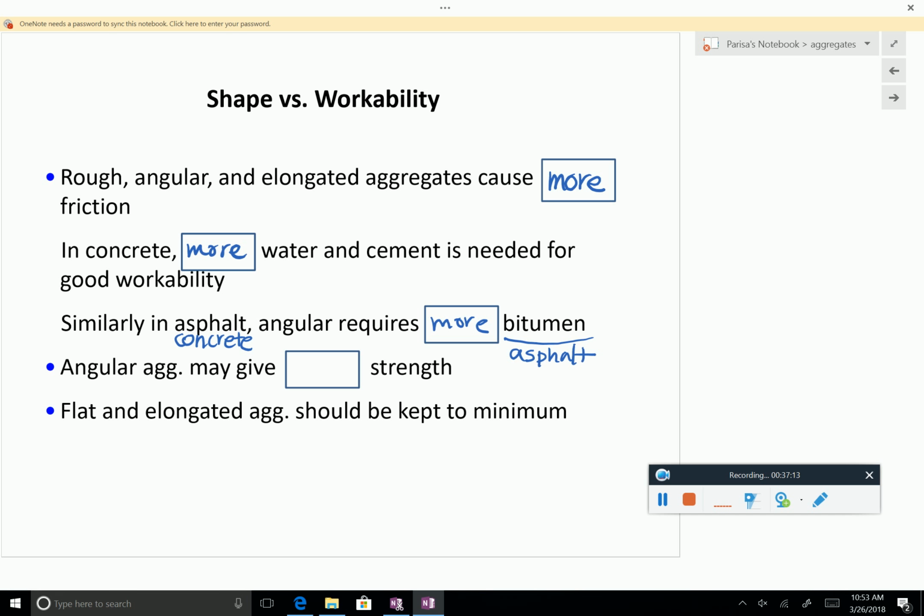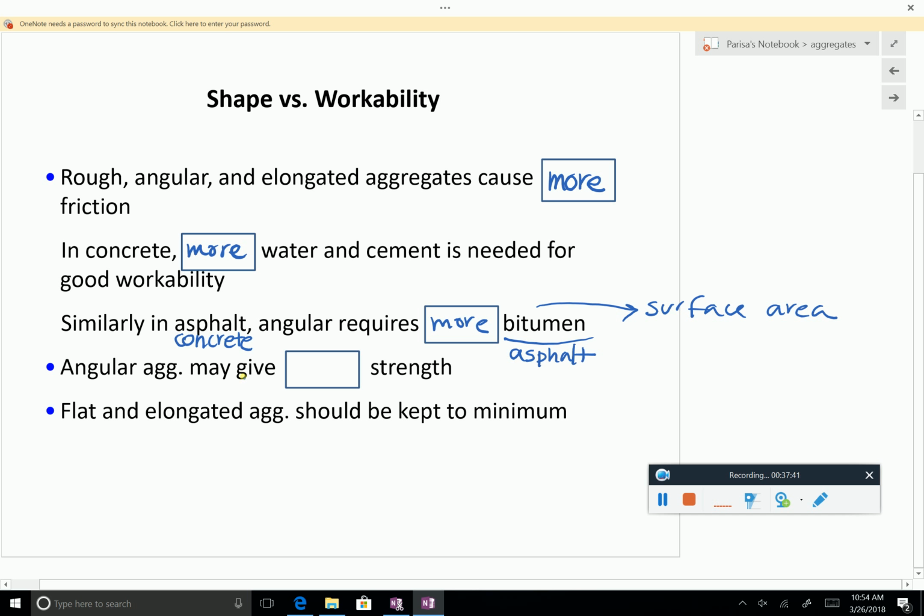Whenever you hear something about that, just think about surface area. The same size aggregate, if you have a lot of edges, has more surface area. It is just like gluing. If you were to glue two pieces, you would need more glue if you have more surface area. So this is exactly that.